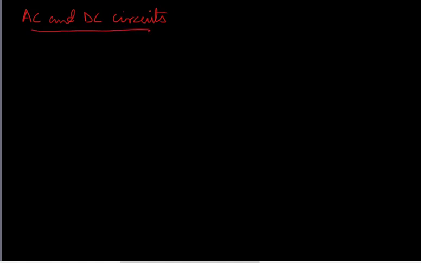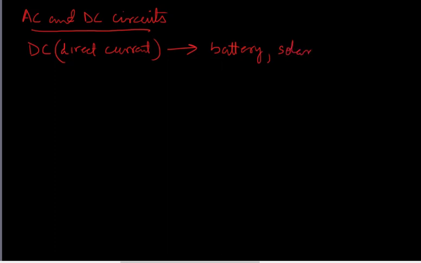You know that DC circuits are simply short for direct current circuits, and DC circuits are sources like batteries or solar panels. These are the sources from where you can get DC, direct current.